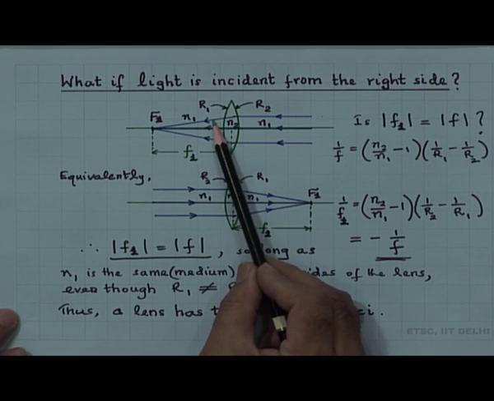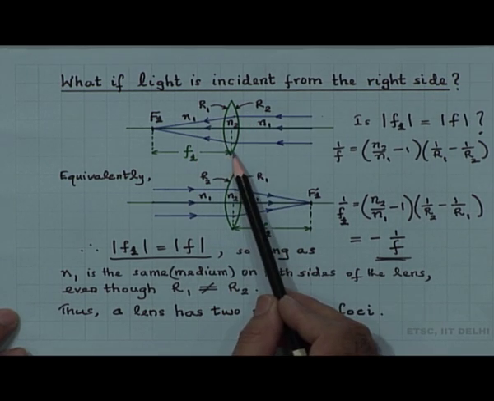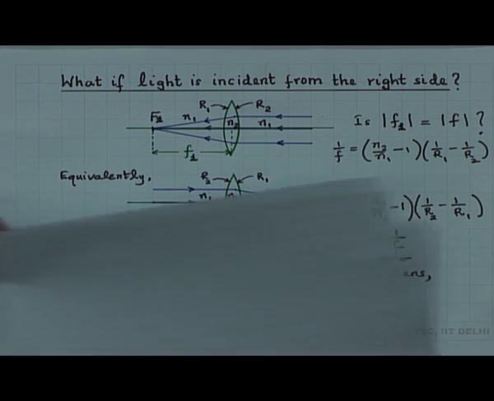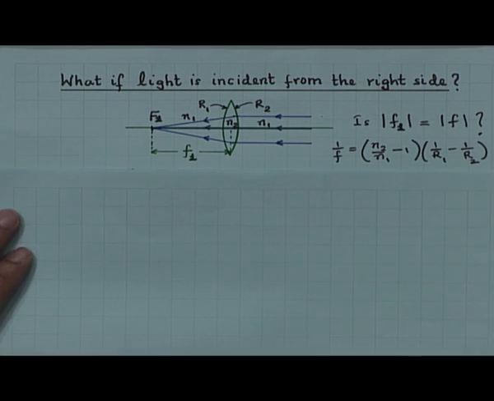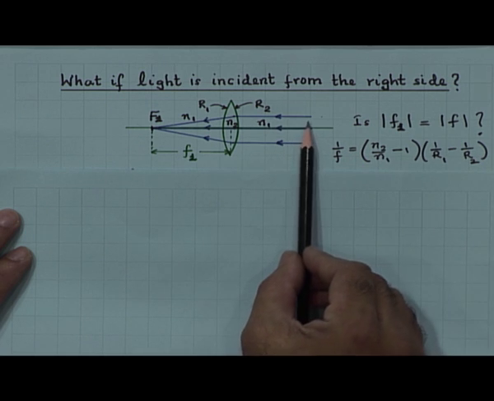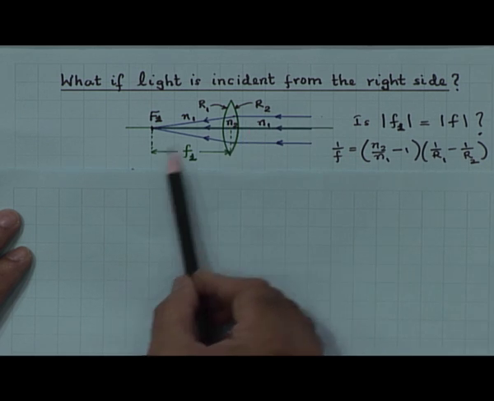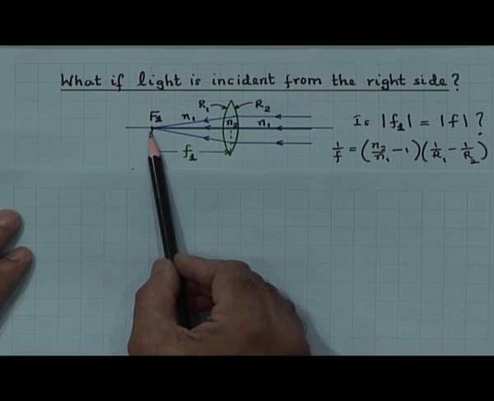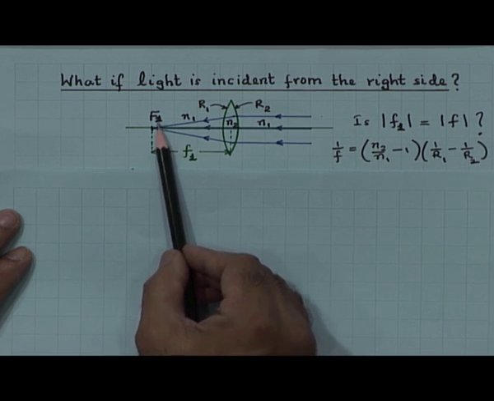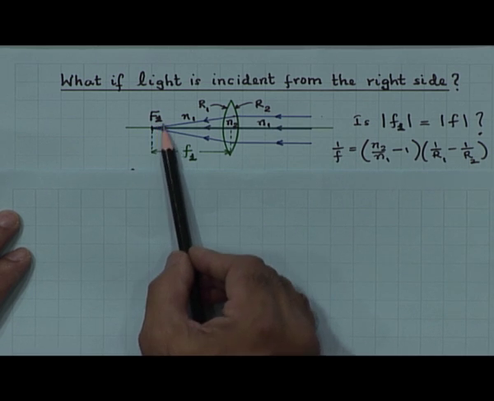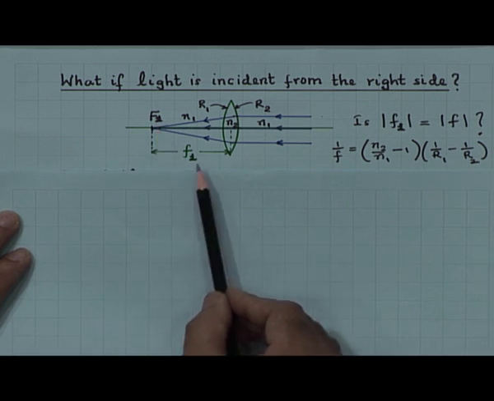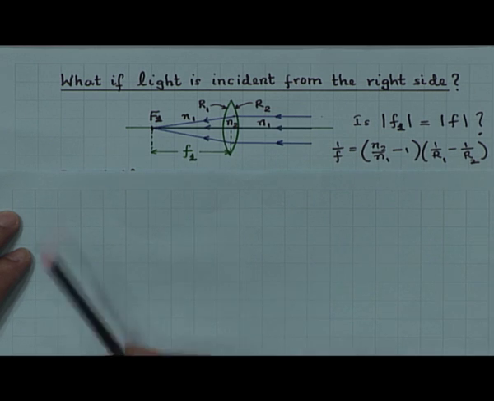The case is light incident from here and getting focused at a point here. So, this is f1. I had initially written f2, but it is f1.